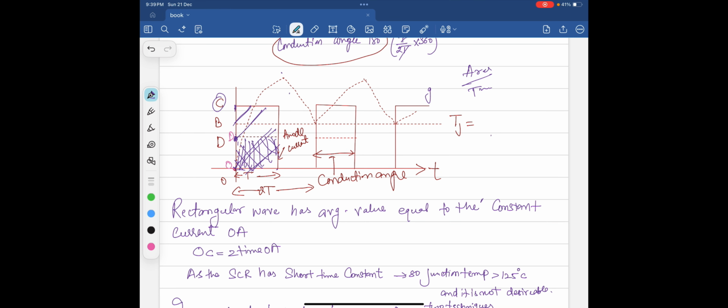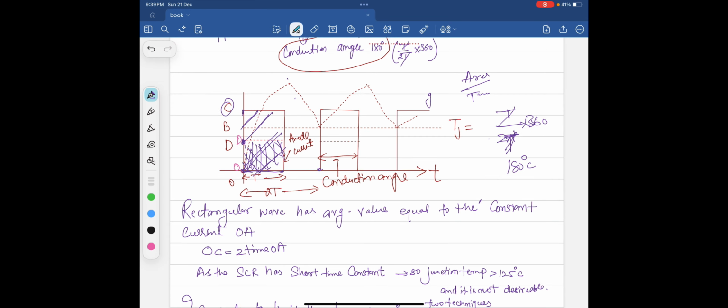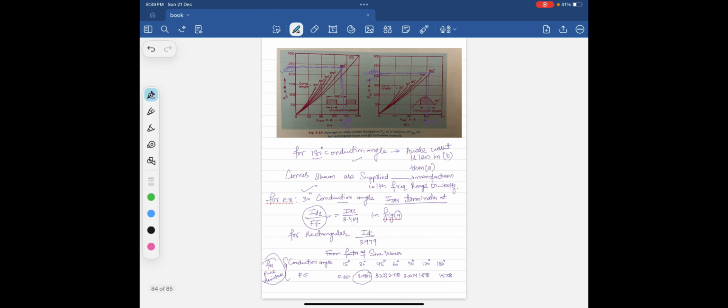Here the area is how long the rectangular waveform has conducted. It is T upon its time period 2T, into 360. So what we get here is a 180 degree conduction angle. This is how we calculate the conduction angle.